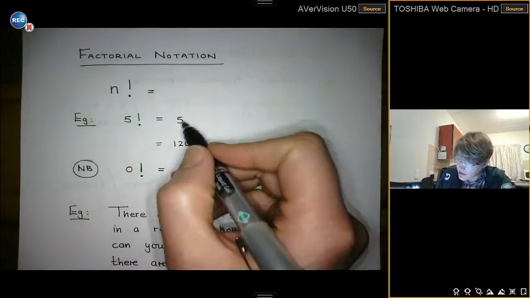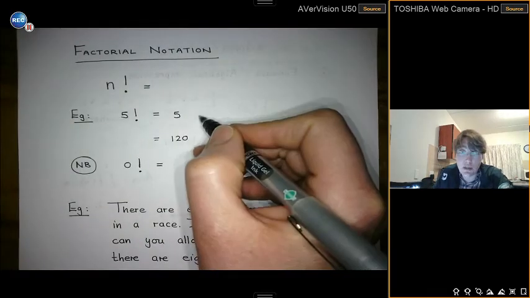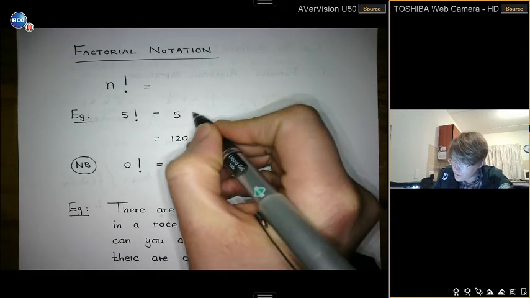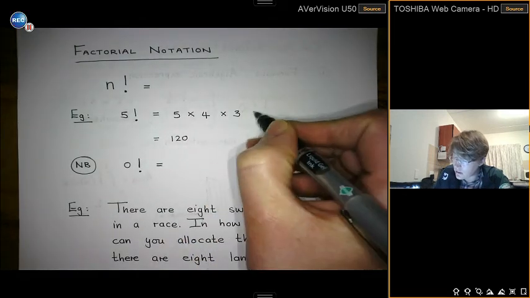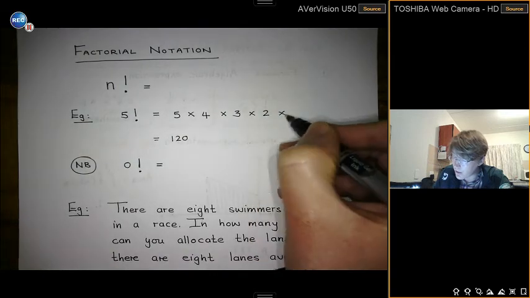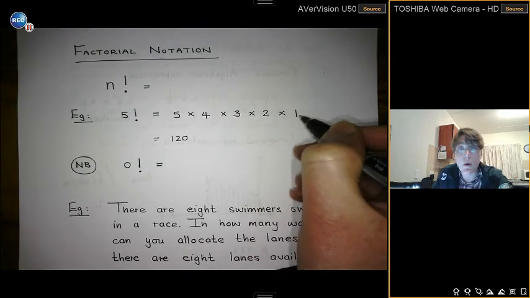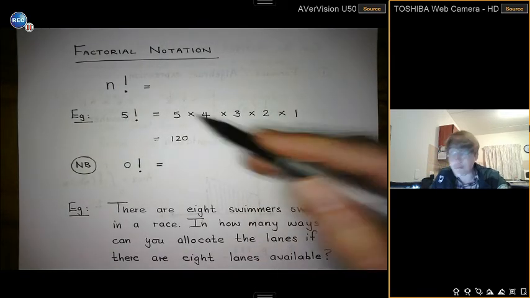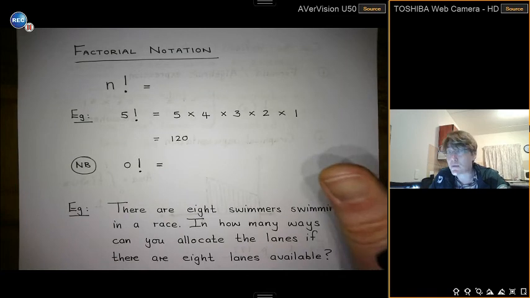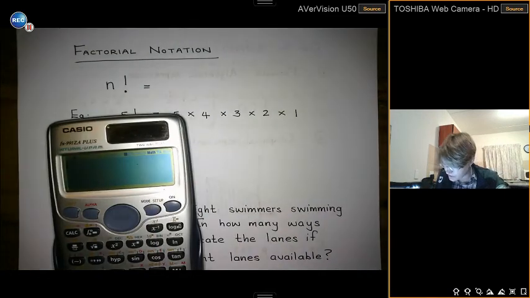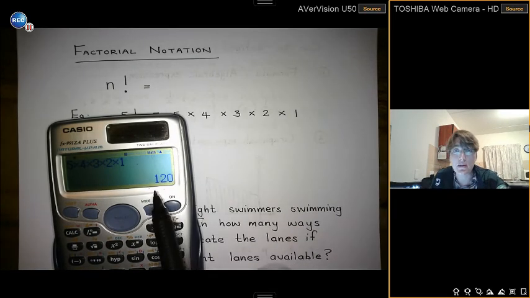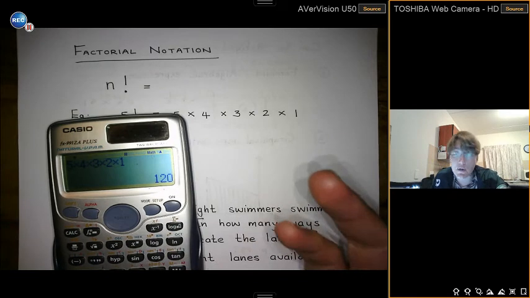It takes 5, the next positive integer in descending order is 4, so multiplied by 4, multiplied by 3, multiplied by 2, multiplied by 1, and when it hits 1 it stops, because we're now out of positive integers. If you do that manually, you'll see 5 times 4 times 3 times 2 times 1 is equal to 120. And that's what factorial notation means.